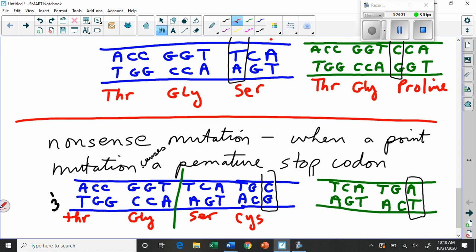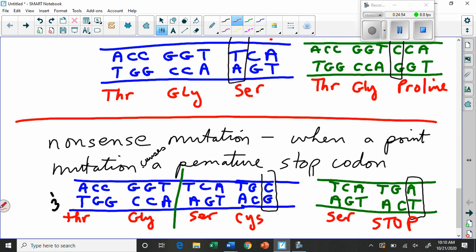So now what we have is the serine from before, but this is spelling stop. Now this is a serious mutation because there could be a great deal of the gene behind here still waiting to be expressed. In this case, this nonsense mutation means that the entire polypeptide chain would be truncated at that spot.